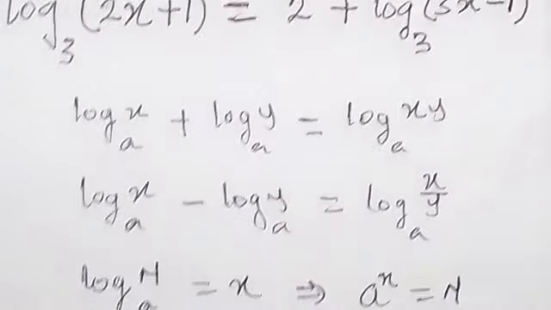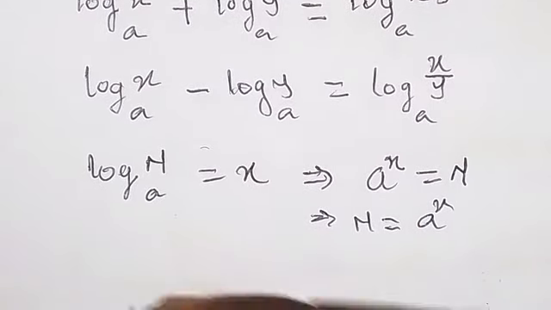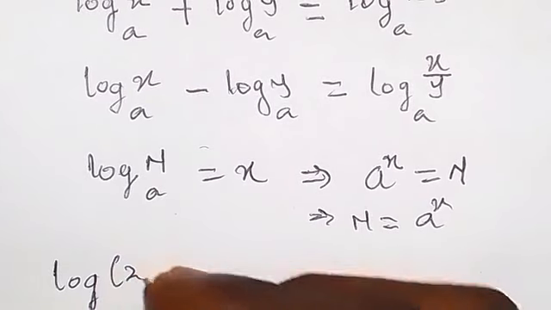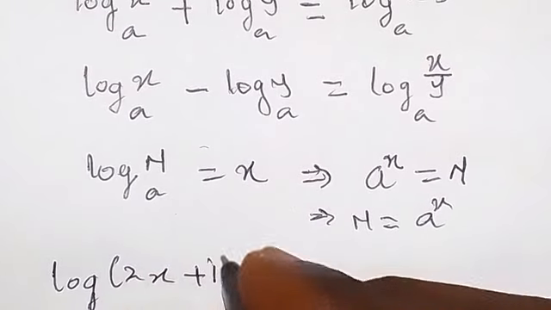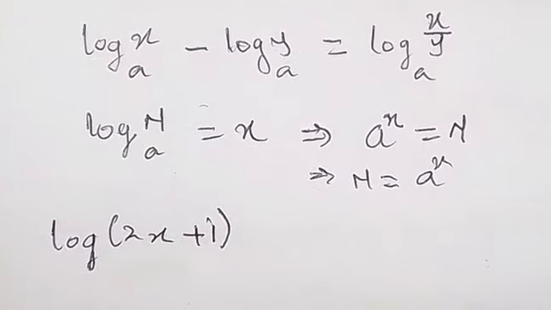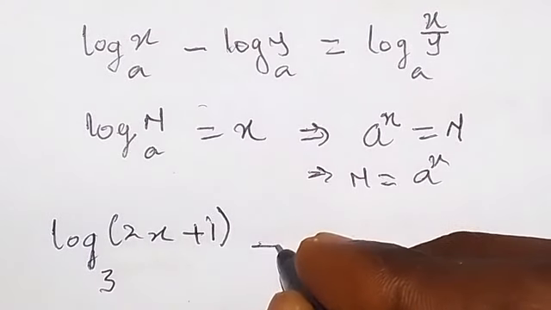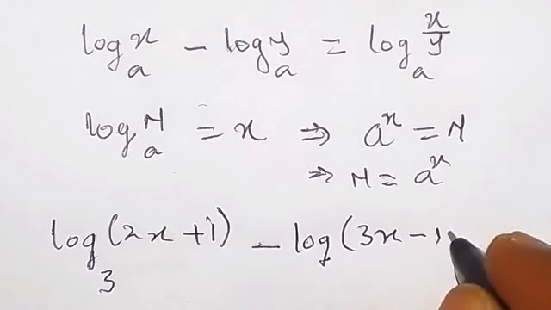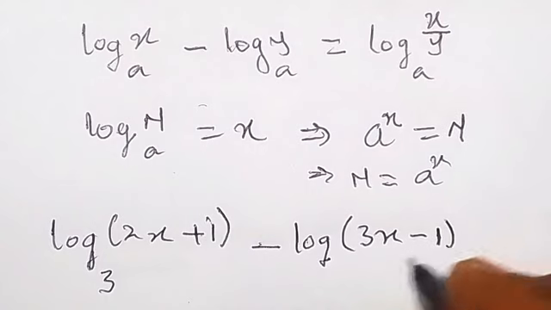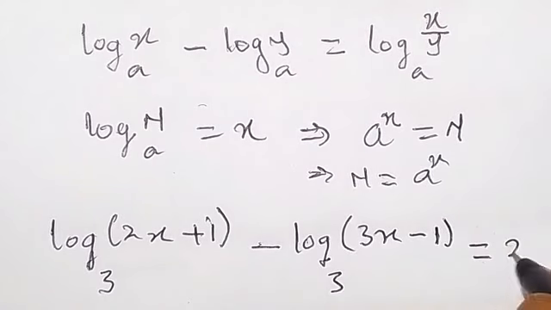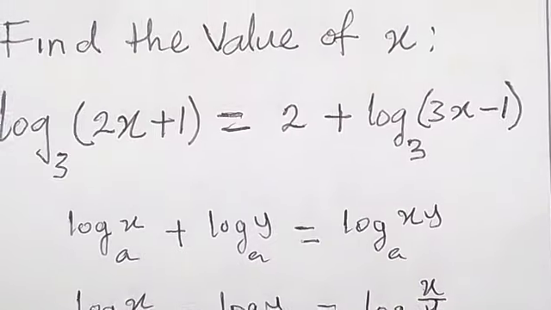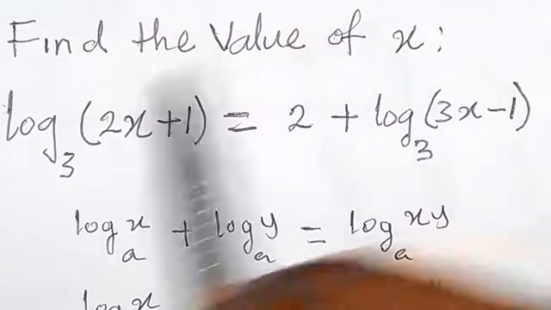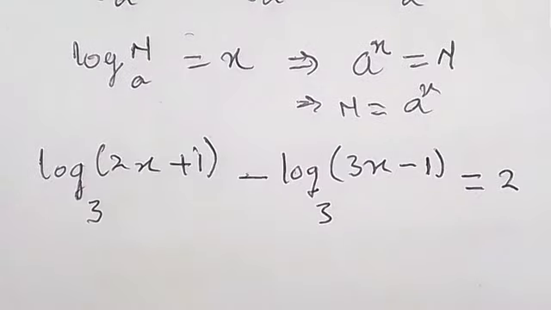So we can write it as log (2x plus 1) base 3, then minus log (3x minus 1) base 3, equals 2 now. What we have done there is take the plus log (3x minus 1) from this side to this side.